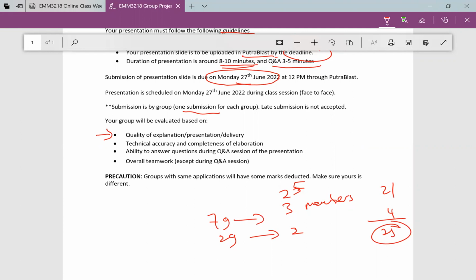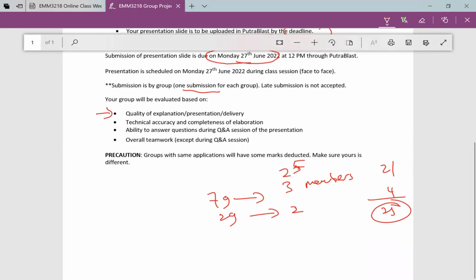So it's like one-to-one Q&A. But let's say one of your team members is not available during the presentation, then that could mean something. You should have good discussion and good communication. If one student has a problem, try to solve it together as a team, and be able to present together as a team.